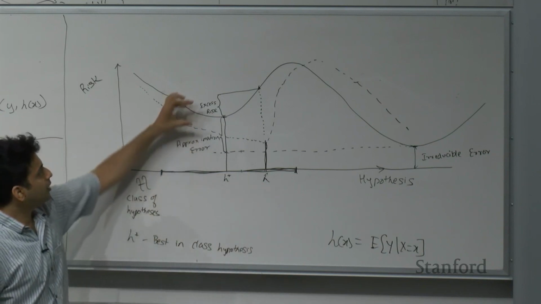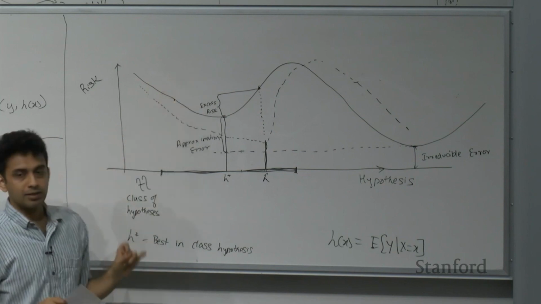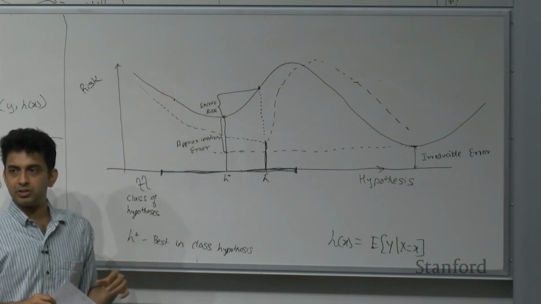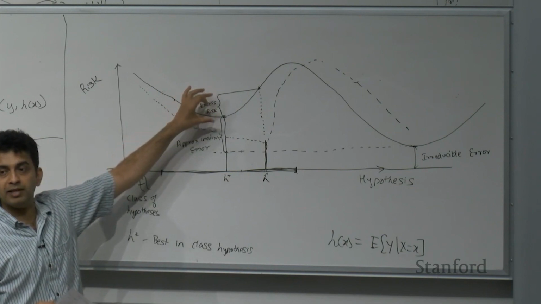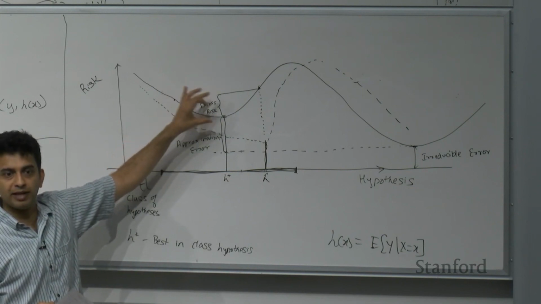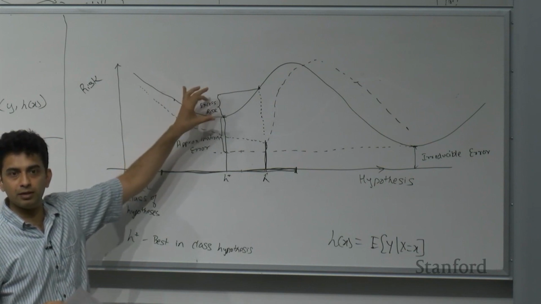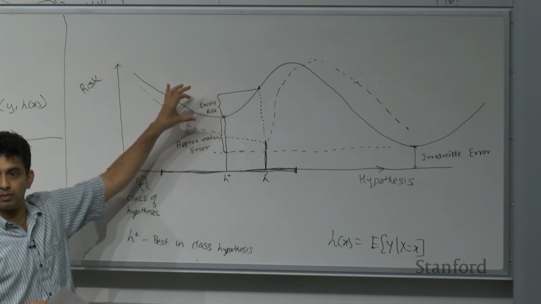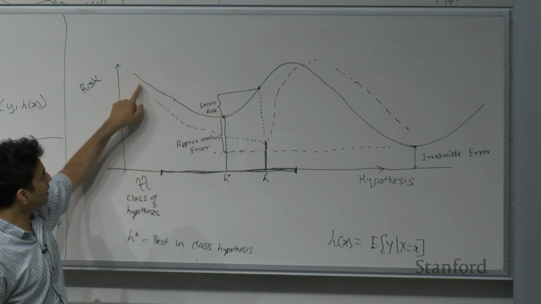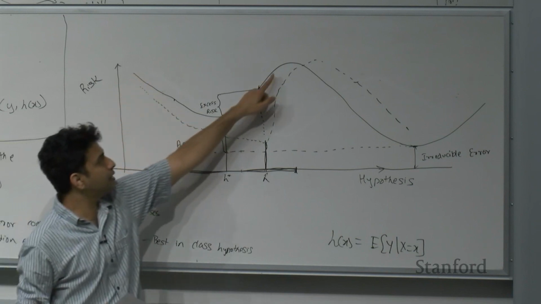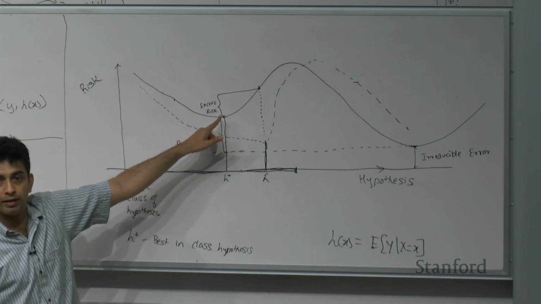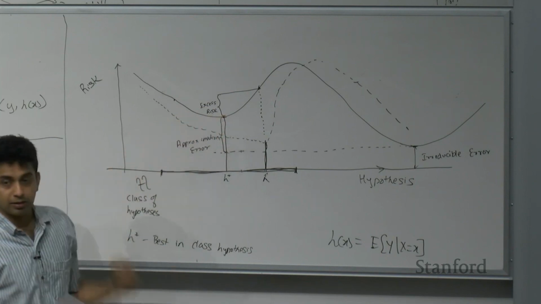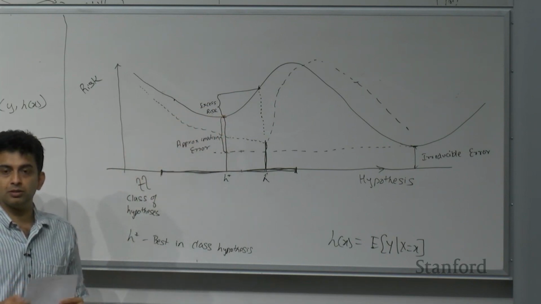And there's yet another component called the excess risk, also called the estimation error, and this is the penalty that we pay for having a limited, finite data set, rather than the full infinite amount of data. Because if we had the full infinite data, then our empirical risk would be exactly on the thick line, and excess risk would reduce to 0 because we would just be finding this as our empirical risk minimizer. Yes, question?